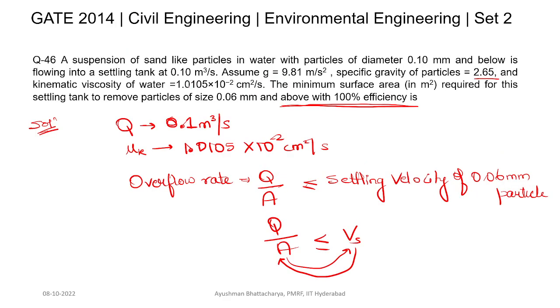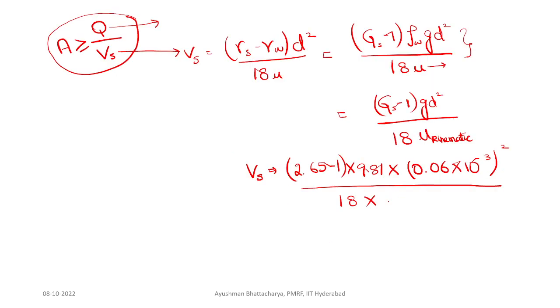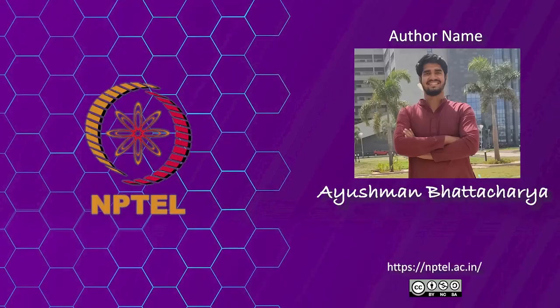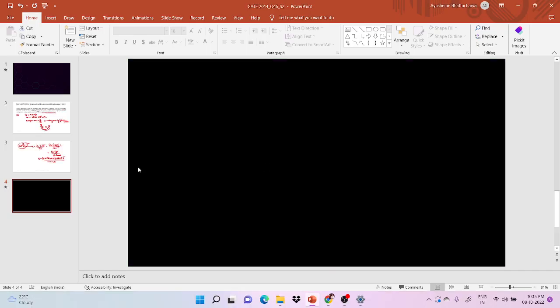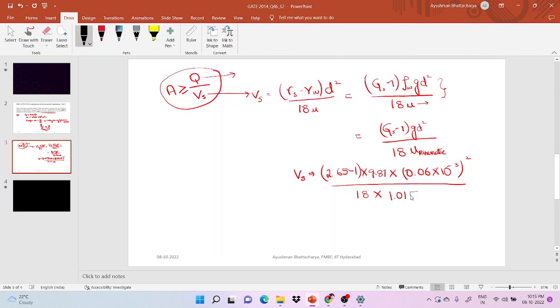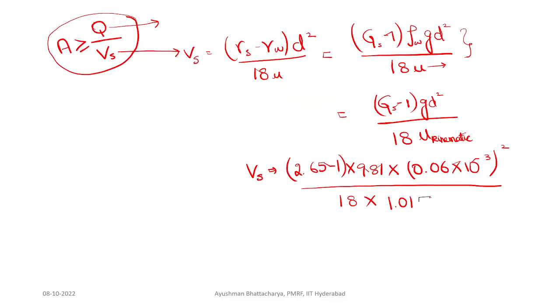In the question it is given in centimeter square, so we have to convert into meter square, so it will be 1.0105 × 10^-6 meter square per second.